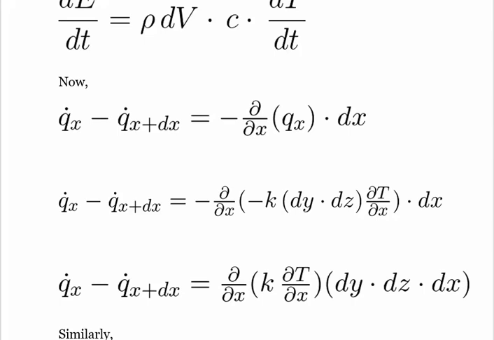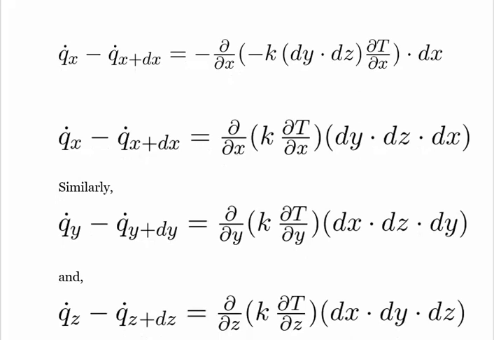Here capital T represents the temperature and small t represents time. The difference between entering and exit is equal to ∂/∂x of k ∂T/∂x times dy dz dx, where dx dy dz is equal to the volume.